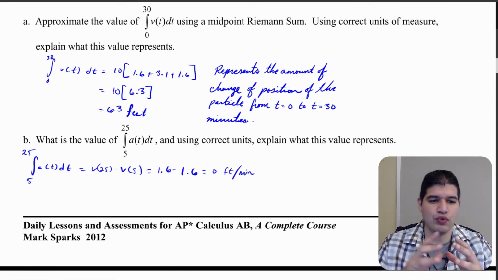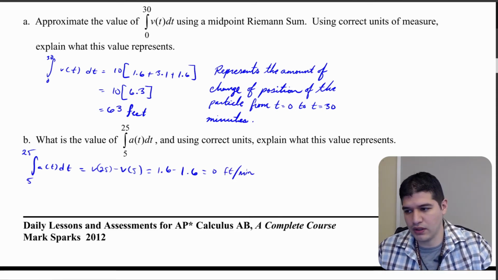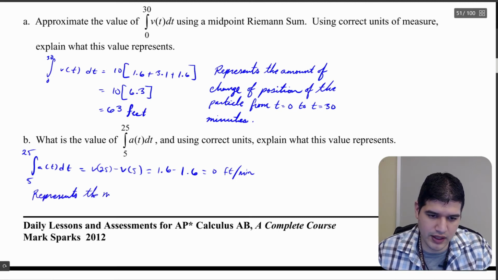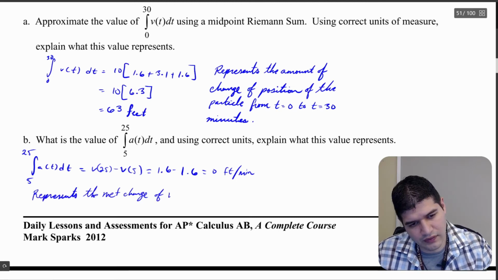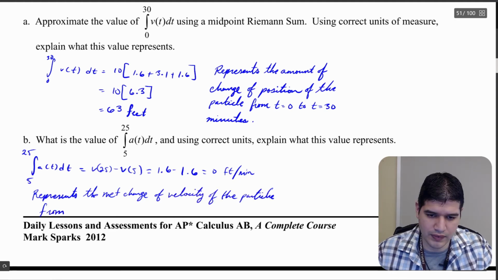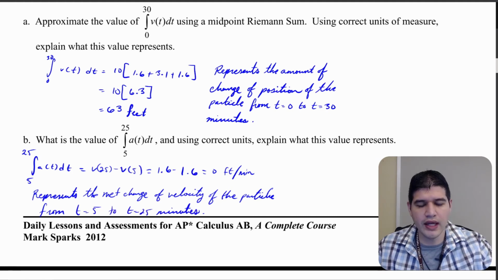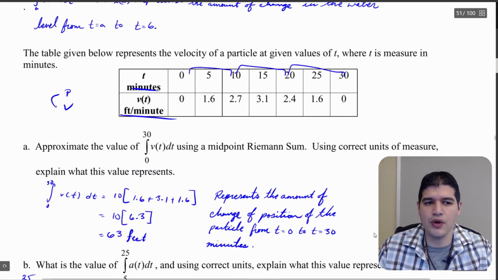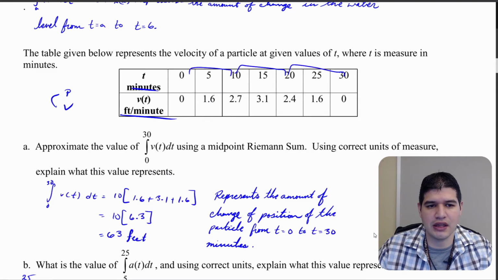So what does this represent for our problem? Well, this represents the net change of velocity of the particle from t equals 5 to t equals 25 minutes. And you might be looking at the data in the graph and say, Mr. Hernandez, look, we know that at 10 seconds the velocity changed.